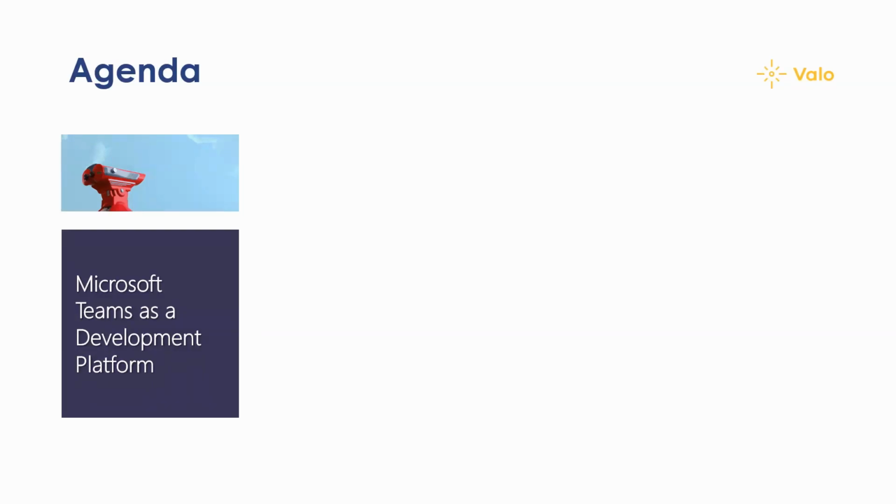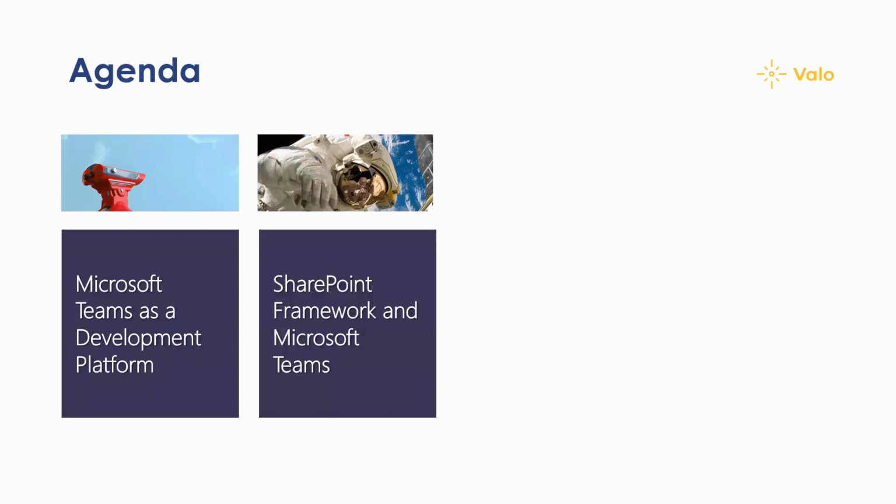What are the different opportunities as a developer to customize, personalize, but also develop new solutions to integrate natively inside Microsoft Teams? Afterwards, we're going to talk quickly about the SharePoint framework and Microsoft Teams. How do they fit together? What does it mean to build a SharePoint framework solution and integrate it directly within Microsoft Teams?